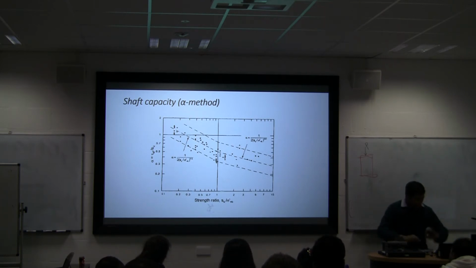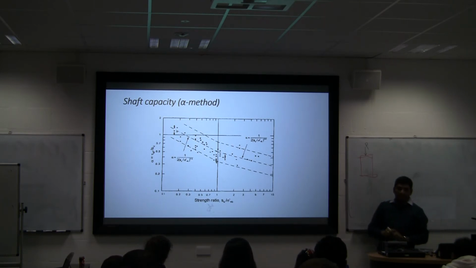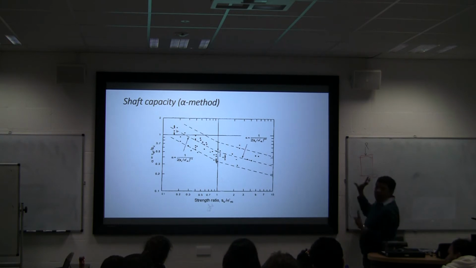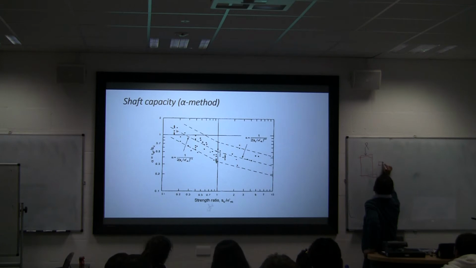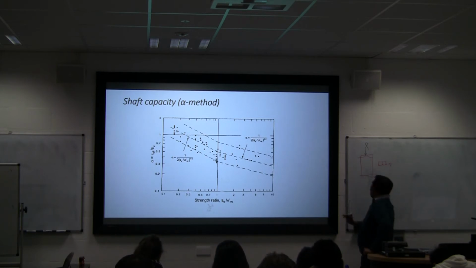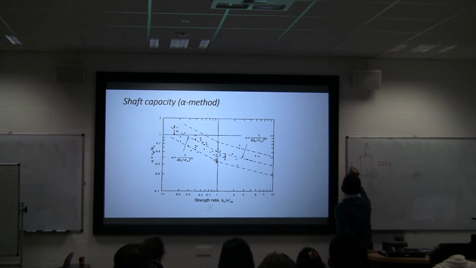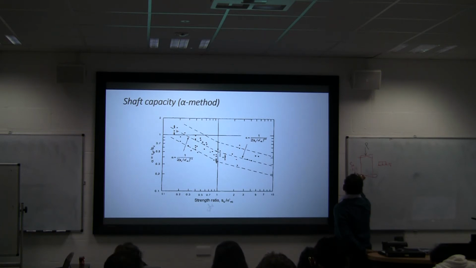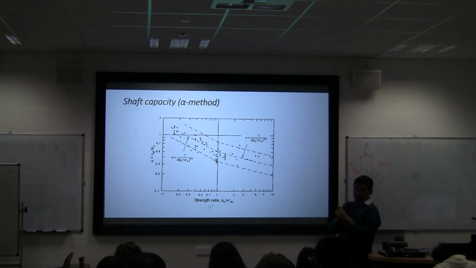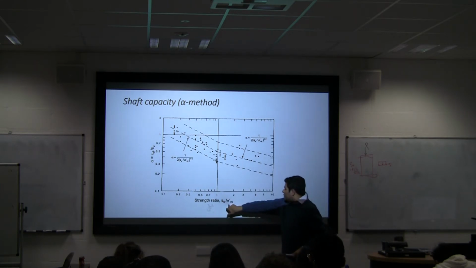Okay, so I'm now doing a pile in clay. That's a small element. At mid depth, I will work out sigma V dash, and I know that this clay has an undrained strength of say 100 kilopascal. So I will work out SU by sigma V dash.